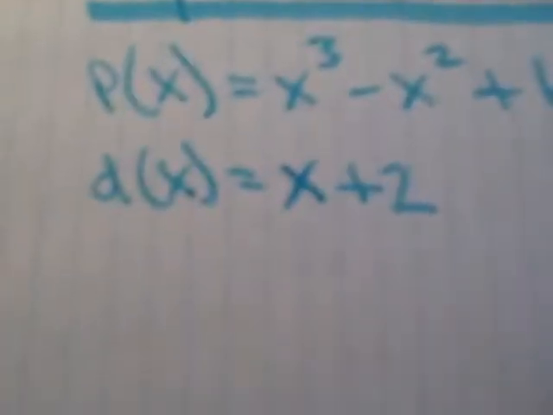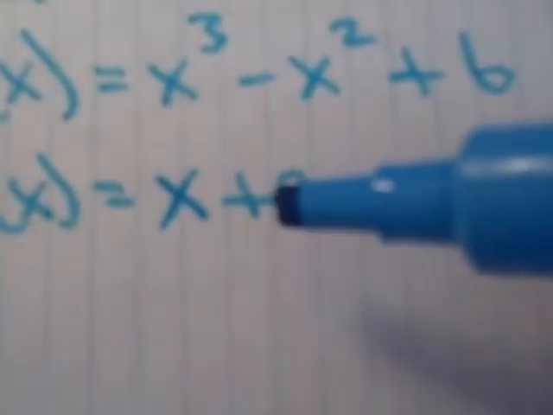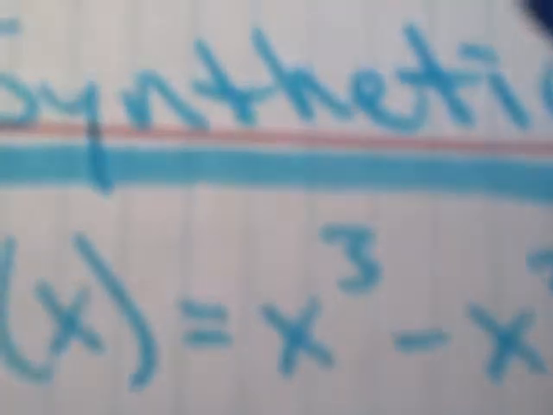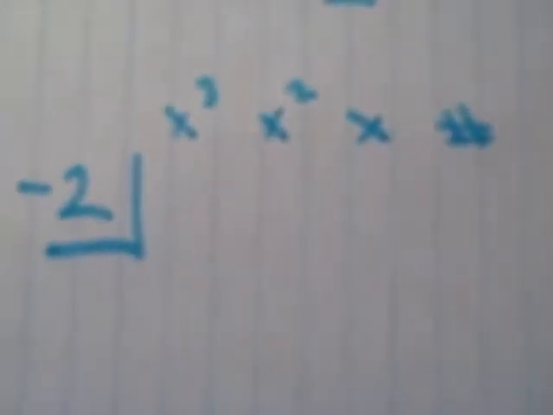And first, to perform synthetic division, you'll be taking the opposite of your divisor, and that would be negative 2. And what I like to do is box it in. And since we start off with x cubed, just for organizational purposes, I like to put x cubed, x squared, x, and the number at the top just to keep myself organized.